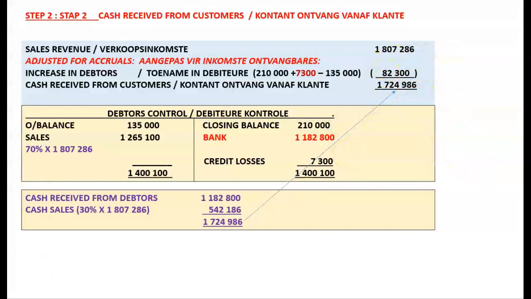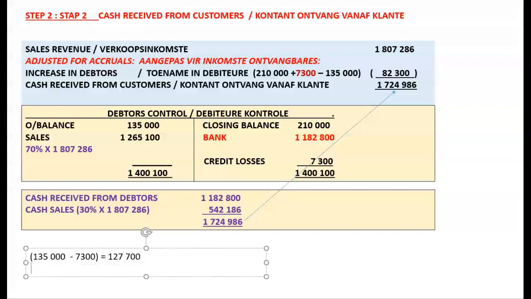So let me write it down for you here as well so that you can see. There you are. I could have said my opening balance was 135,000 Rand. Have I received the full amount? No, I haven't. What haven't I received? I haven't received the amount that was written off eventually as credit losses, which was 7,300 Rand. Now how much did I receive from last year's outstanding figure? 127,700.